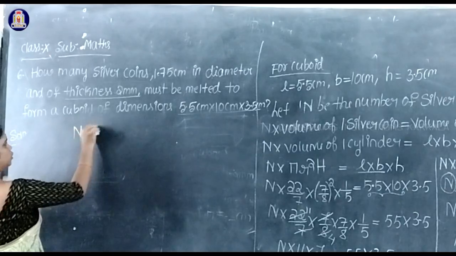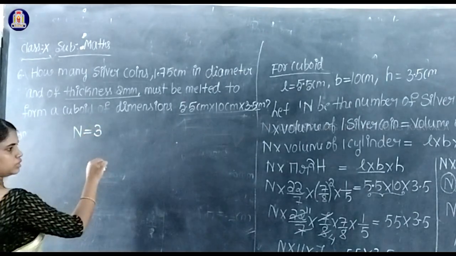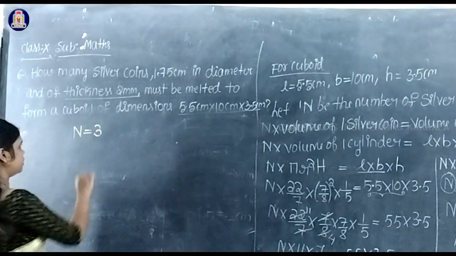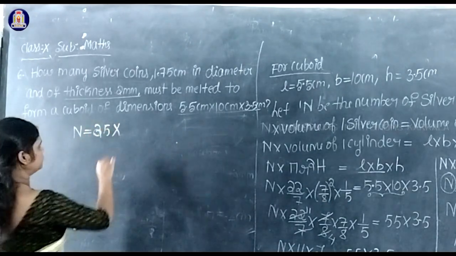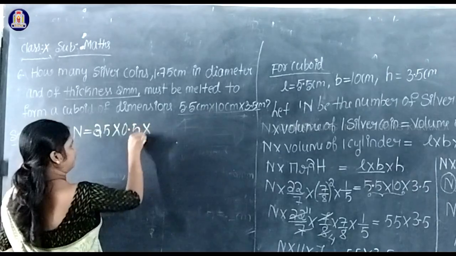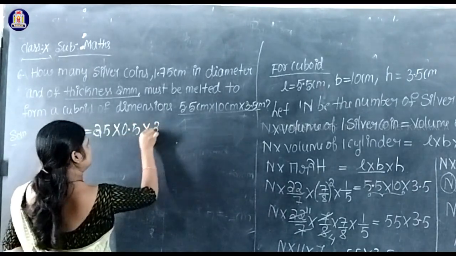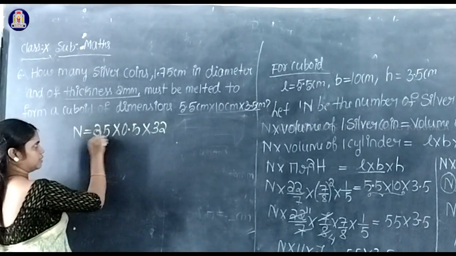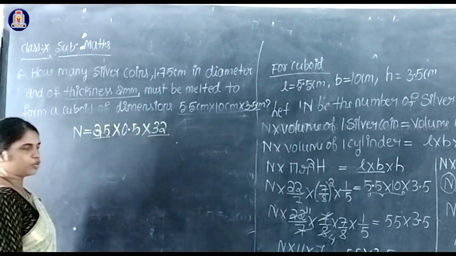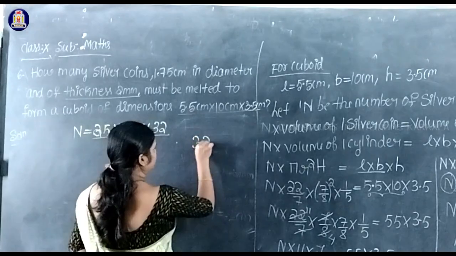So n is equal to 25 into 0.5 into 32. First I'll multiply 25 into 32. Okay. 25 into 32 equal to how much?